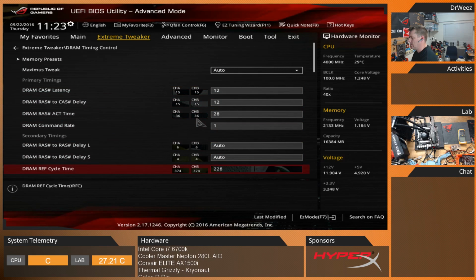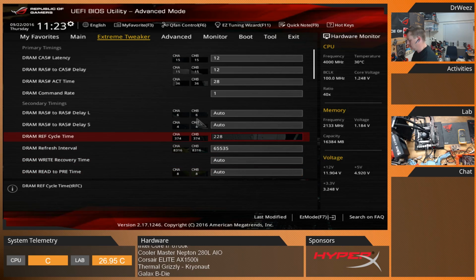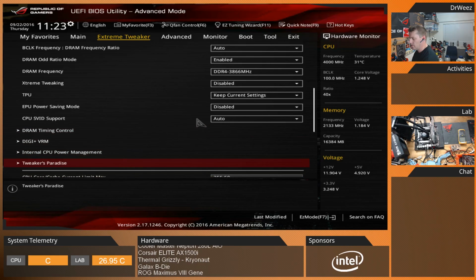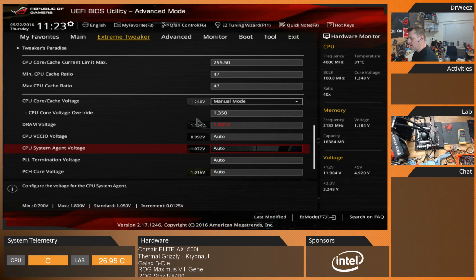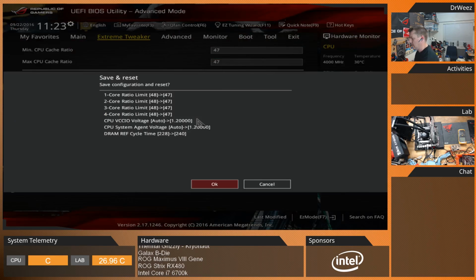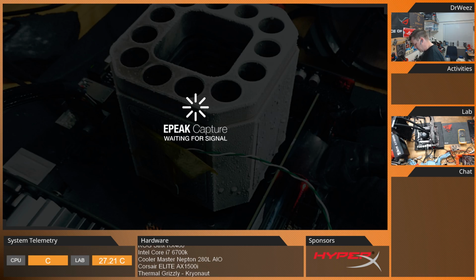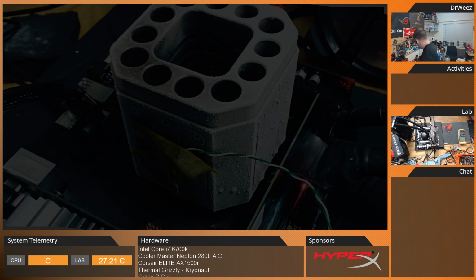Total 28, 240. That should all be fine on auto. I think maybe it could be, let's just try 1.2. Okay, so I think SA voltage or IO voltage was the problem there. I just didn't have enough set for the frequency.